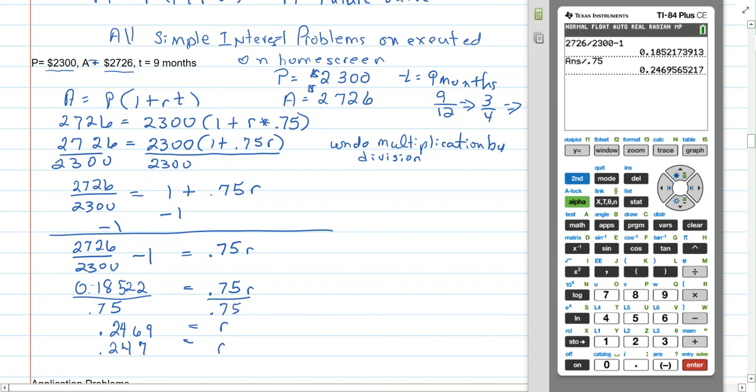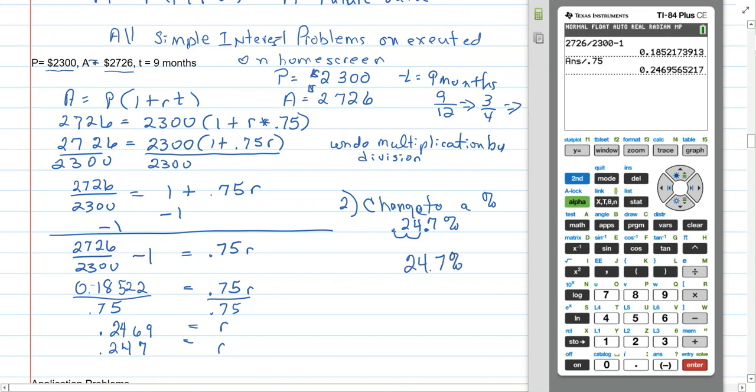So now we're going to change to percent. Our second step is to change to a percent. That means I'm going to take the decimal 247, move the decimal to the right, and add the percent symbol.